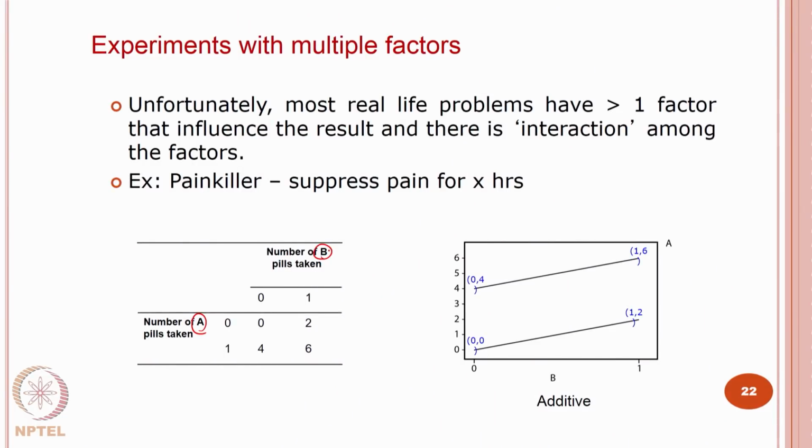There are different types of painkillers: painkiller A, painkiller B. So, I can take either 0 painkiller of A, which means I am not taking A, or I can take one painkiller of A. Similarly, I can take no painkiller of B or one painkiller of B. If I am taking no painkiller, the pain is suppressed for 0 hours.